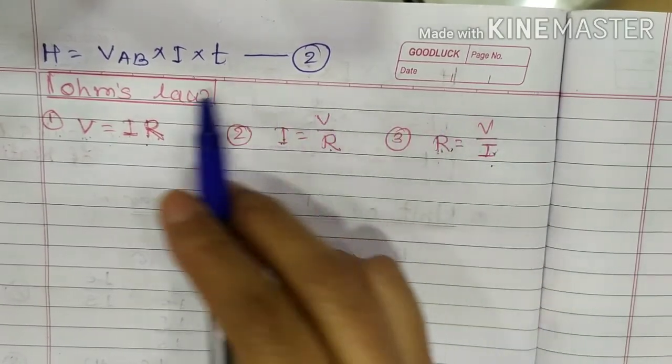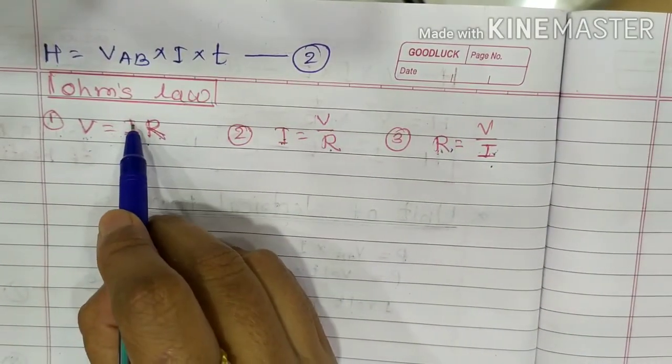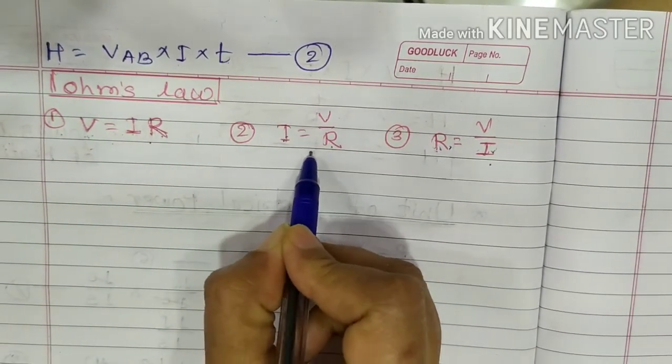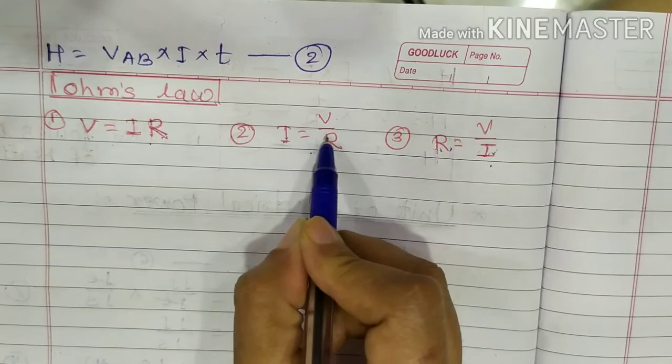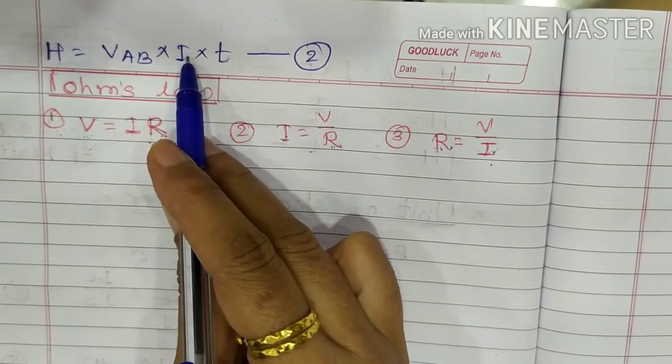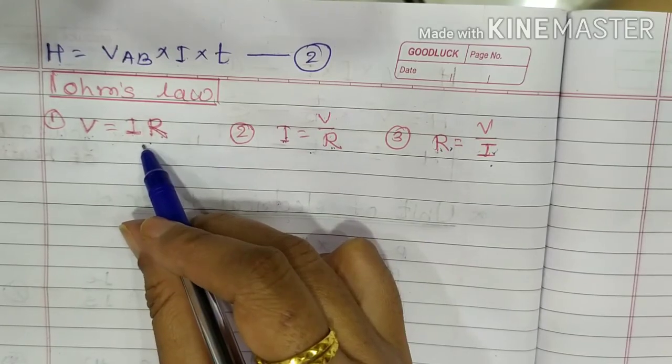Now we can fill in the value of I from this formula, I is equal to V upon R.